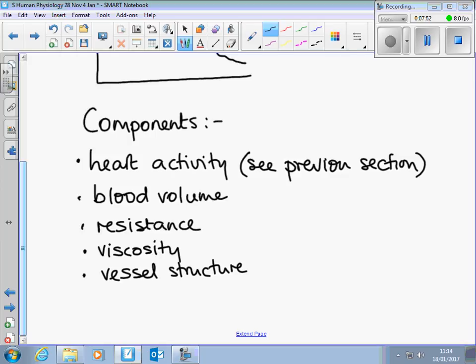And of course you've got two options. You can do the control of blood glucose, or you can do the control of blood pressure. I don't think either of them is any easier than the other. It will just depend on your understanding, really.